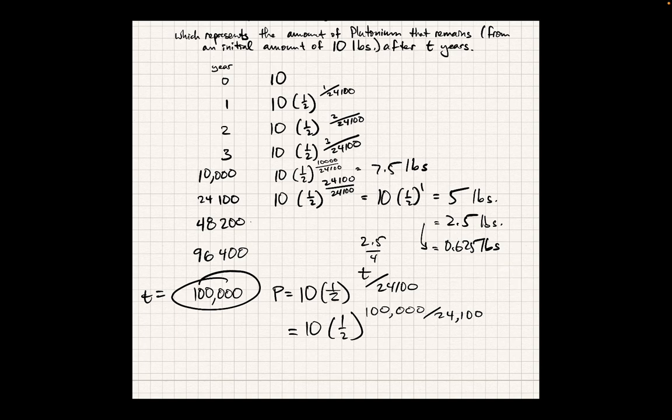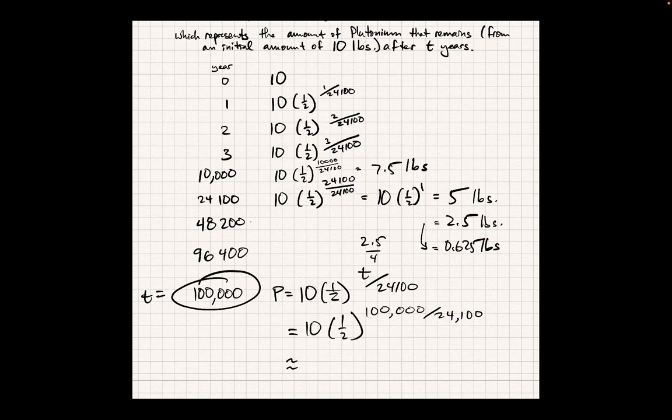What do you want us to round to? Just 3, if it doesn't specify? If I don't specify, let's always assume that it's 3. But if I specify, make sure that you do it to those digits, because otherwise I'm going to take off half credit. If you don't put units or round properly, your answer is not accurate. And I'm being generous by not taking off all credit. 0.5635 pounds.